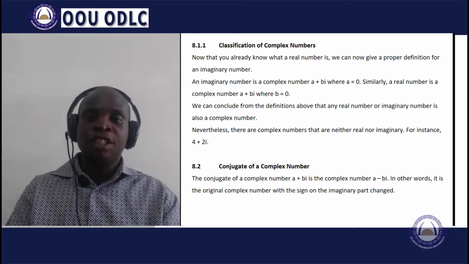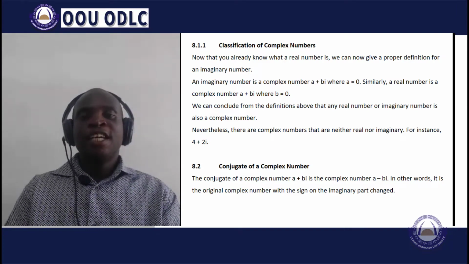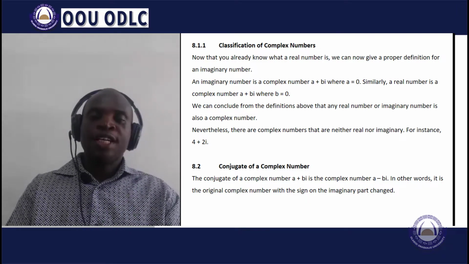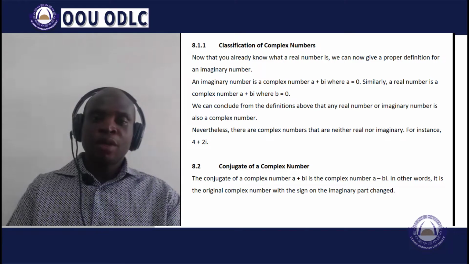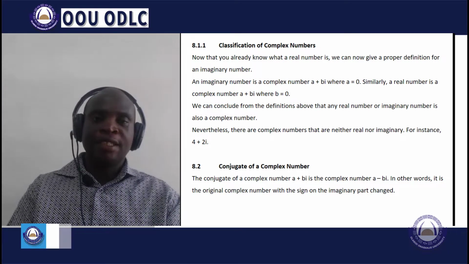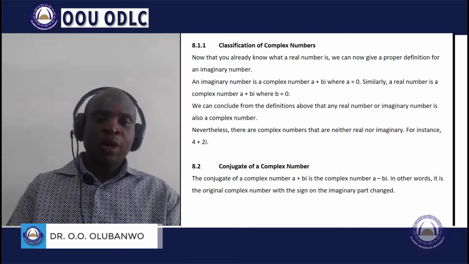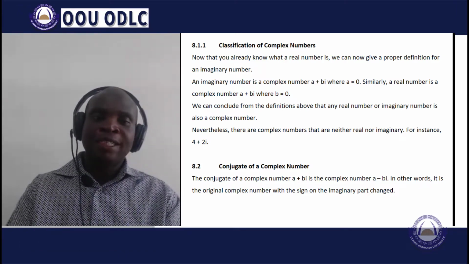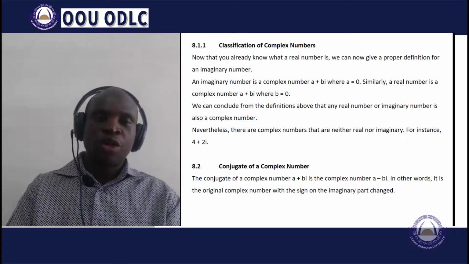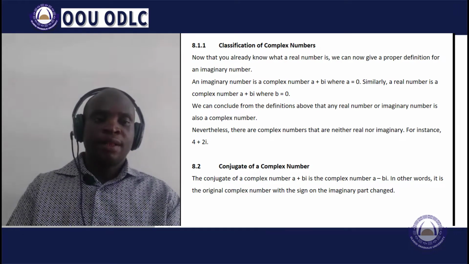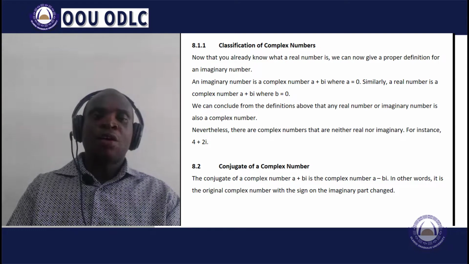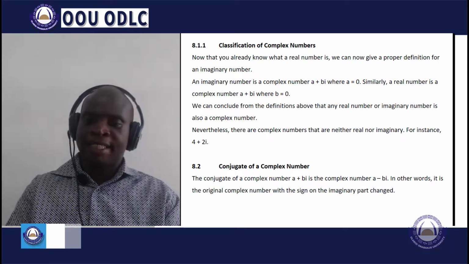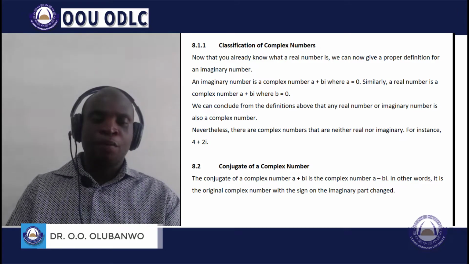But if the real part, that is our a, is 0, it means the number is an imaginary number. We can conclude from the definitions above that any real number or imaginary number is also a complex number. Nevertheless, there are complex numbers that are neither real nor imaginary.